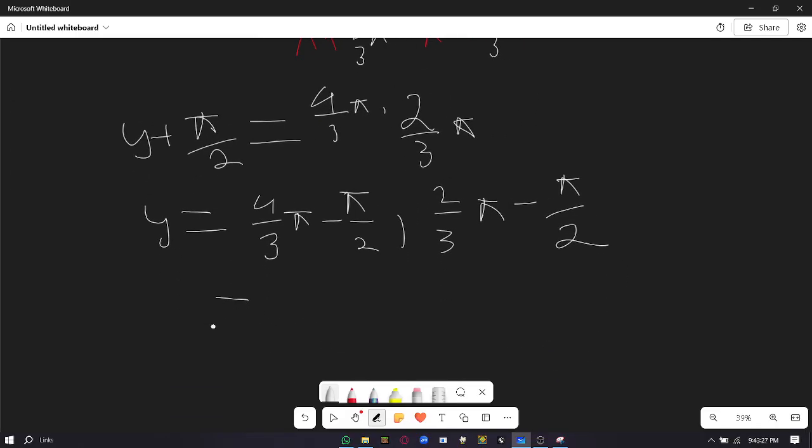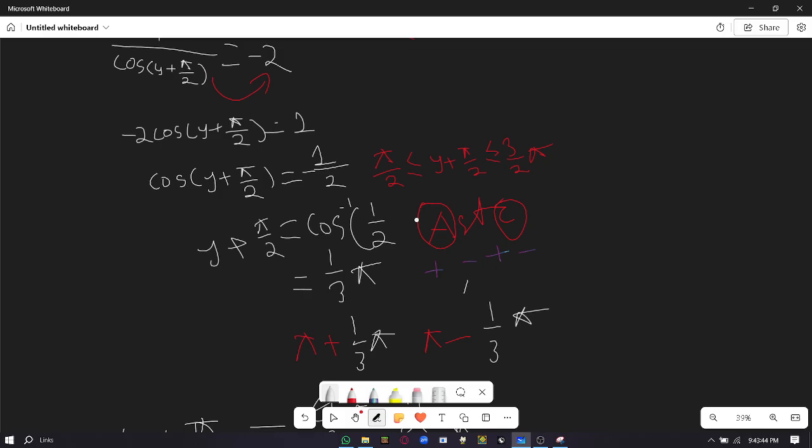And the other one, 2 by 3 pi minus pi by 2, we get pi by 6. And that's the answer, pretty much, in radians.